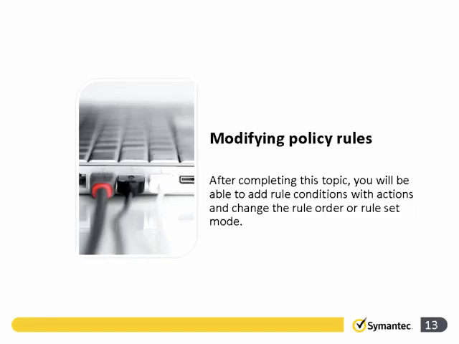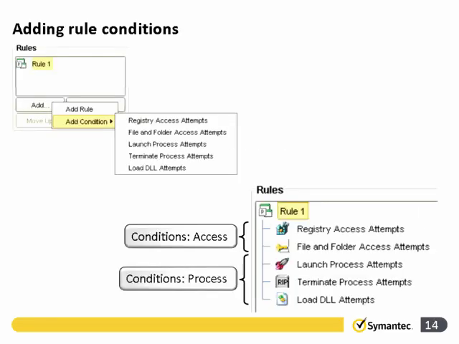So, modifying the policy rules. We can add in the rule, and we can add a rule or a condition. And the condition could be to terminate process attempts, for instance. We then need to make sure the rules are in the correct order, so we need to select the access and the process options. We can see these from the options on the right.